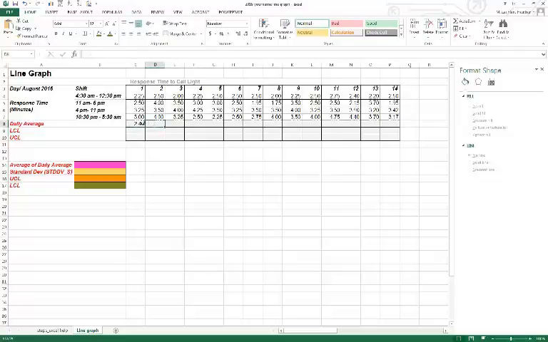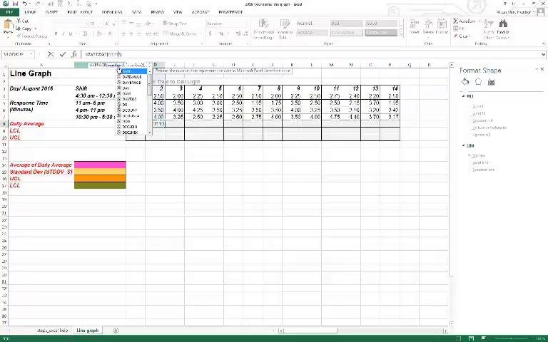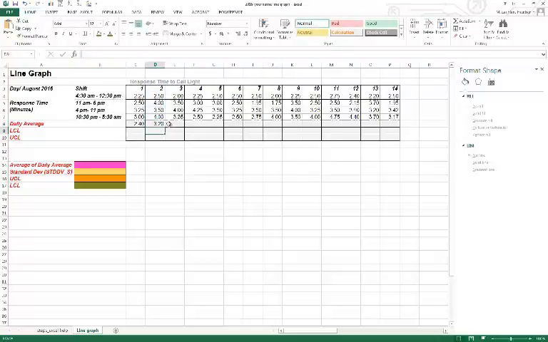Now if you were just to put the same formula over here, you would get the same number because it's calculating the same things over and over. So that's obviously not the correct formula for this column. Instead of being C1 through C7, it should be D1 through D7. So that was just an example. You're going to need to make sure that each one of them is correct for each time.